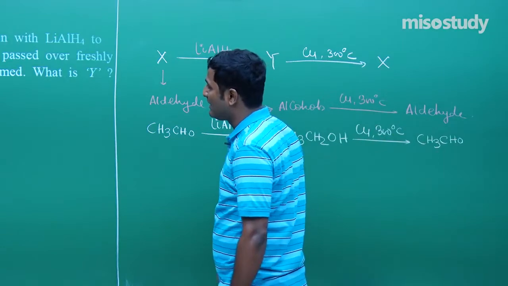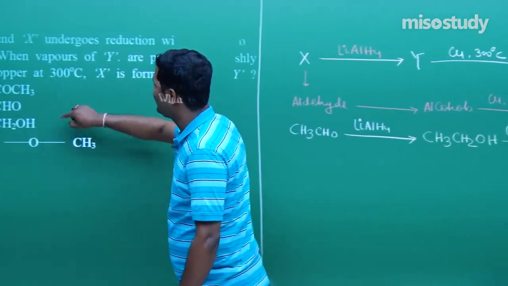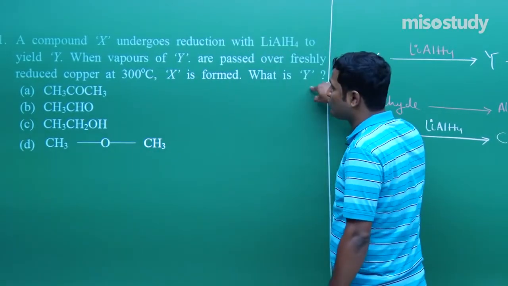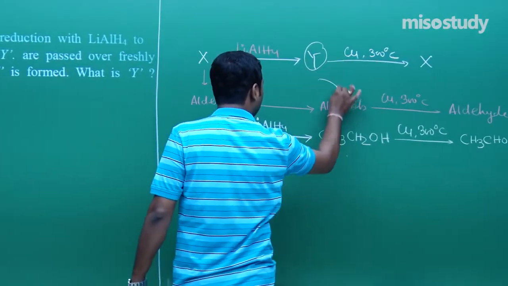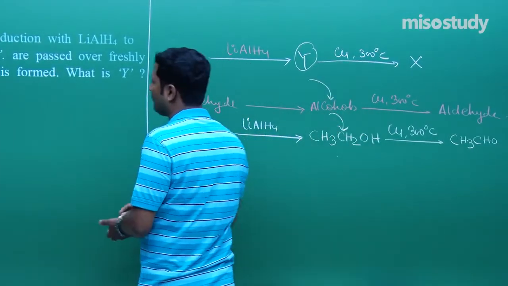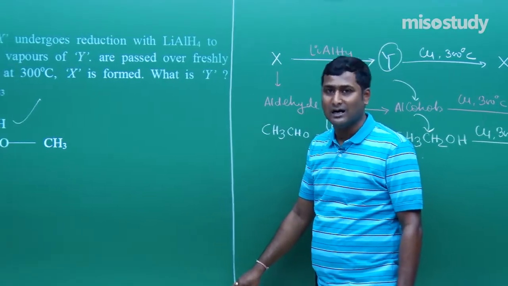So in this case, X is CH3CHO. What is Y? Y is CH3CH2OH. This one is Y. So for this question, we can say C is the correct option.